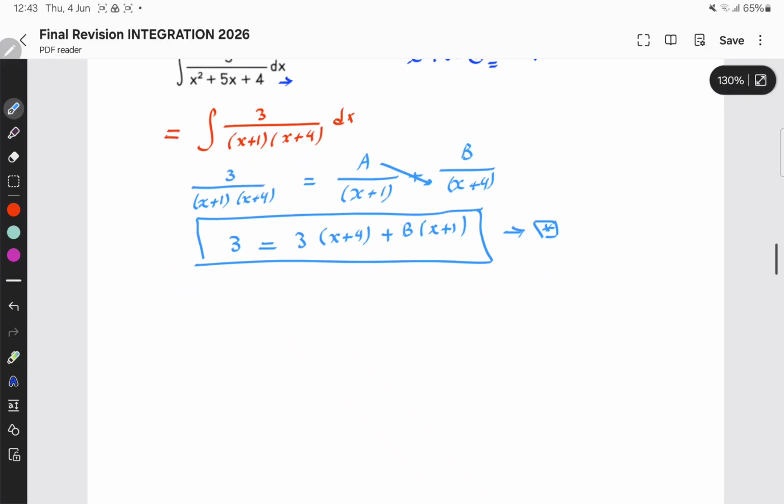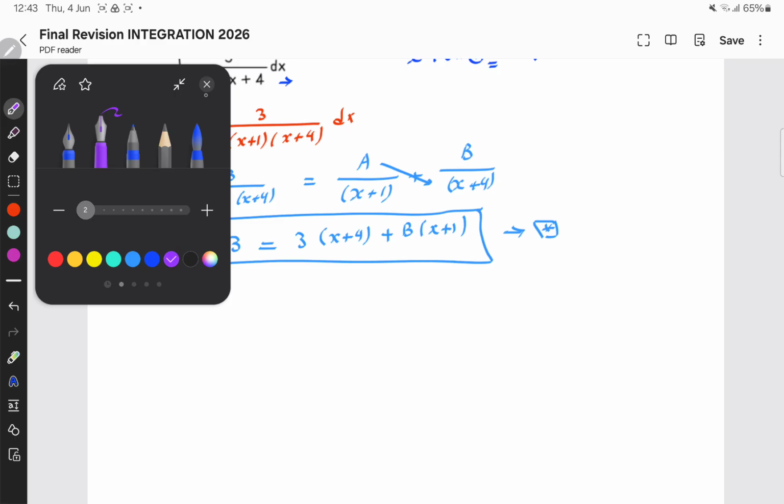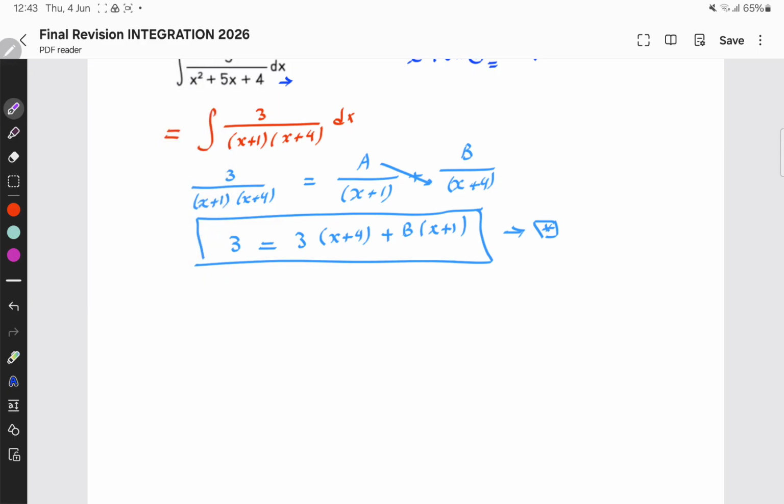Now to find the values of A and B, we use the zeros to eliminate a variable and find the other. So the first one here, A times x plus 4, then B times x plus 1. What is the value of x which makes that 0? It's -4. What is the zero of that factor? It's at x equal -1. So we just substitute here at x equal -4. So when x equals -4, that will be the zero of this factor, so A is eliminated.